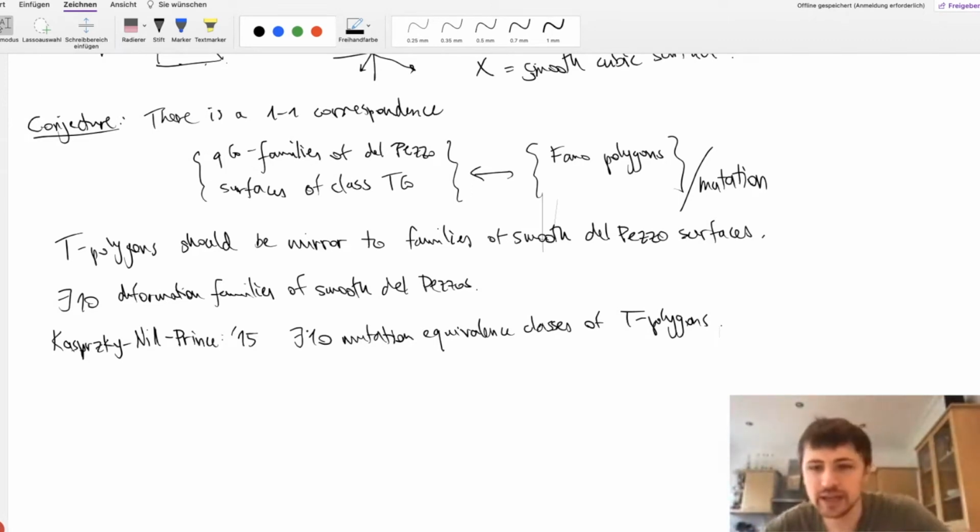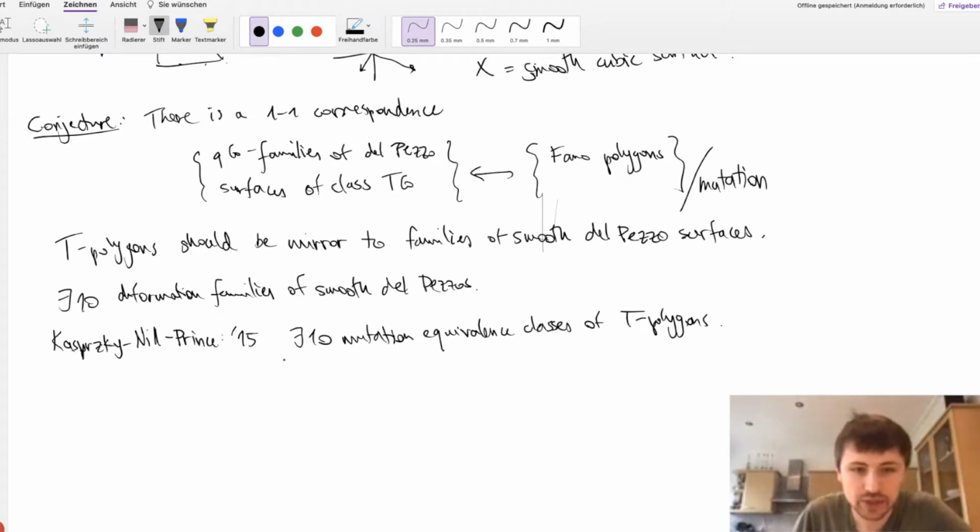And as such, it seems very hard or basically impossible to generalize, especially to higher dimensions. So the really interesting question would be a similar conjecture in dimension 3, where you look at Fano polytopes and Fano threefolds, and there the same methods just wouldn't work. So a geometric proof is clearly desirable.